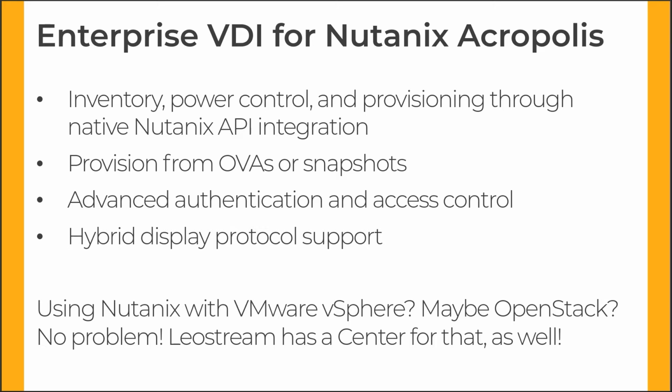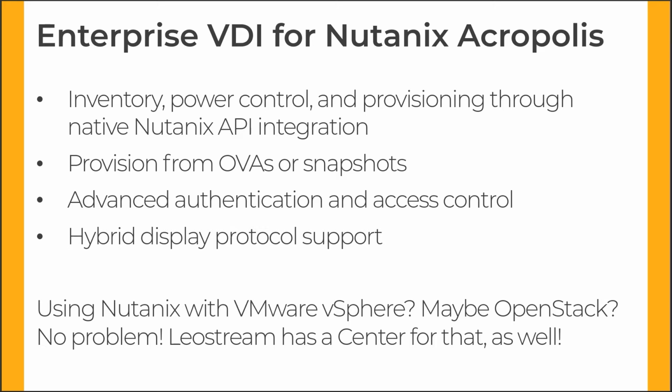So if Nutanix happens to be running with vSphere hosts underneath it, you would just create two centers, one to manage the AHV, and then another one, which is a native VMware center, to manage vSphere. Same is true with OpenStack. We actually have one customer already who's running OpenStack on top of Nutanix. We can integrate with Nutanix and OpenStack and vSphere all side by side, so you really have one platform that manages everything. So let's take a look at it.